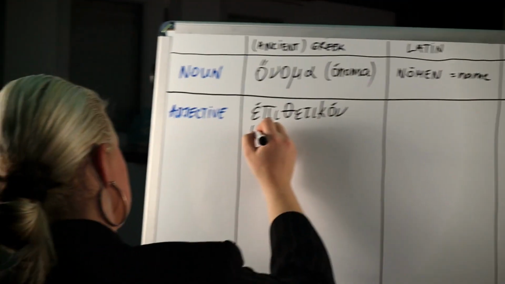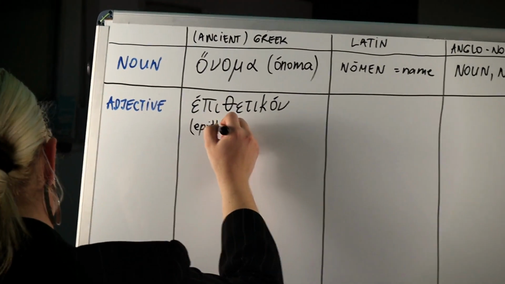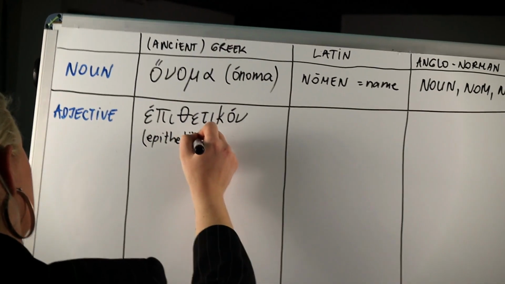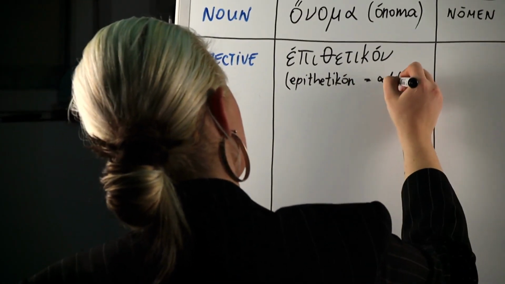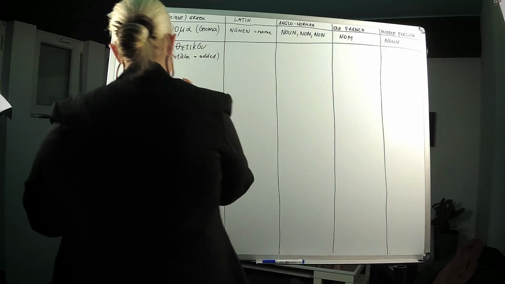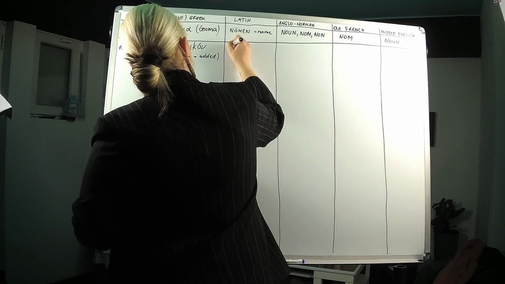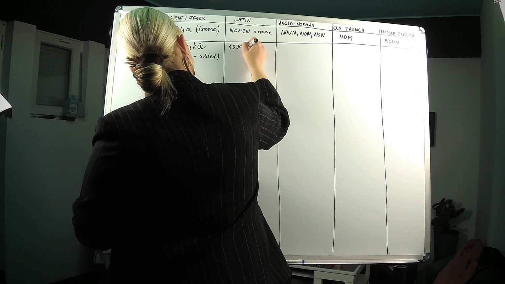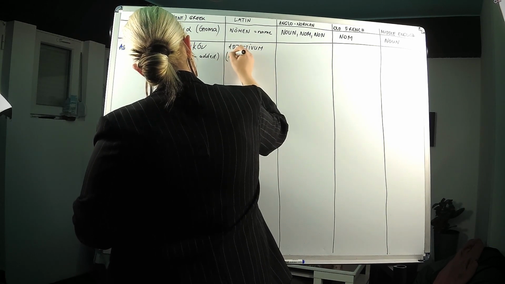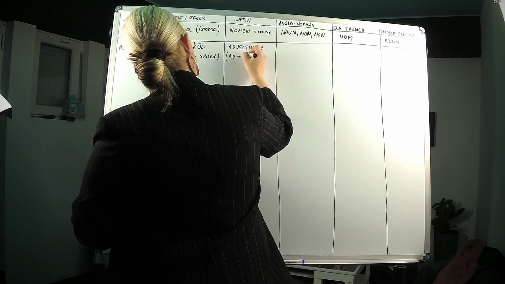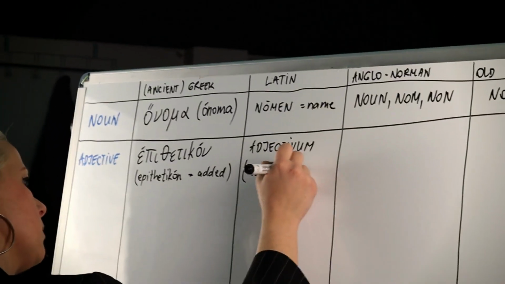Next term would be adjective. Adjective originates from the Greek word epithetikon, which means added. So something which is added. And of course, the Latin version of the word, which basically is the closest one to the English one, is adjectivum, which is made from two different parts.